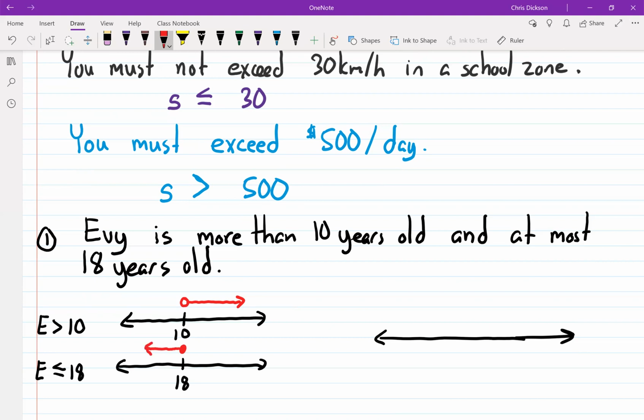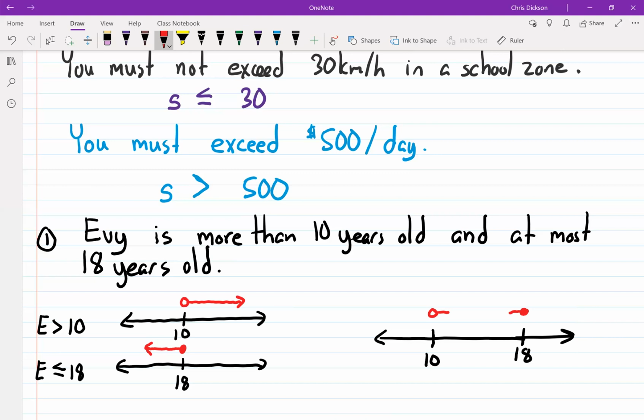So let's say I wanted to put this all in one number line, just not doing separate statements here, but just showing the understanding of the whole thing. Well, I know that he must be more than 10, but he must be less than 18. And I know he can't be 10, but he could be 18. So I'm going to shade this way for that and this way for that.